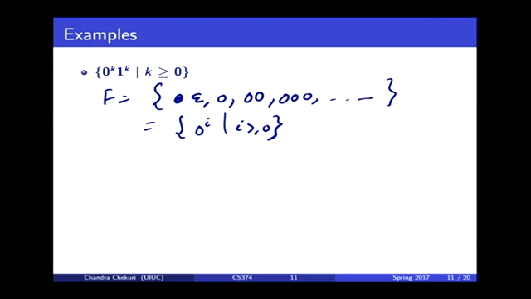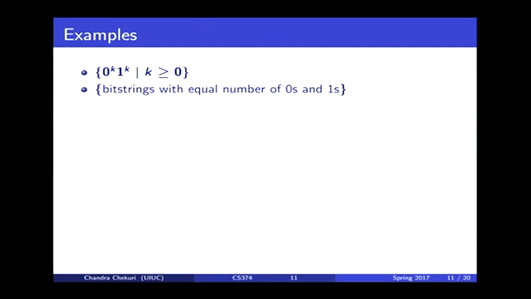Okay, look at the language where there are equal numbers of zeros and ones. All strings which have equal numbers of zeros and ones. It is a little bit more than this language, right? 0101 is allowed in this language, because it has equal numbers of zeros and ones. I want to claim it's not regular.